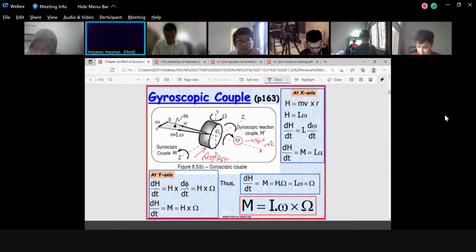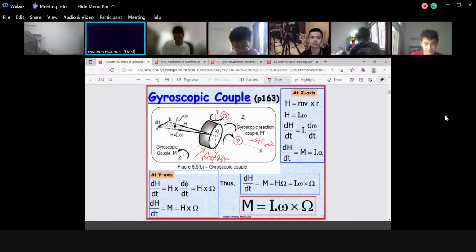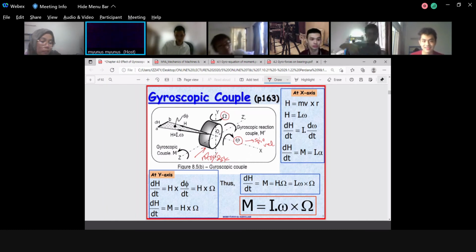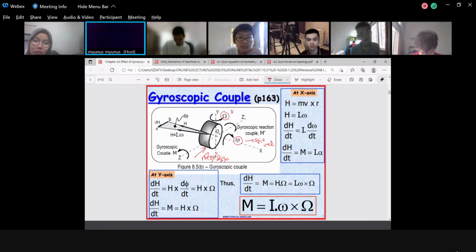At the same time, if you remember for the bicycle wheel just now, the string is also rotating. This is also omega. This one is the small omega, this one is the big capital W. If you use the symbol font, we call this one omega, but it's very difficult to differentiate. We call this one the precession.